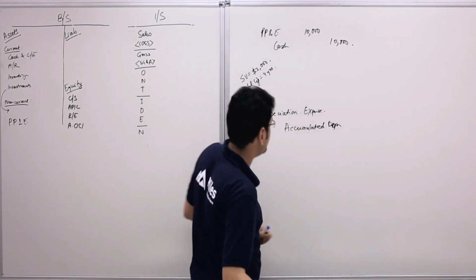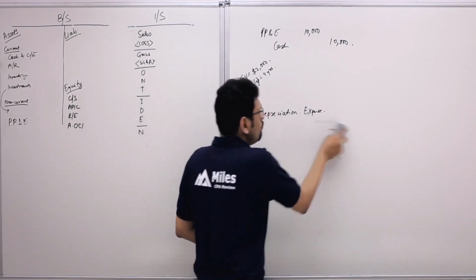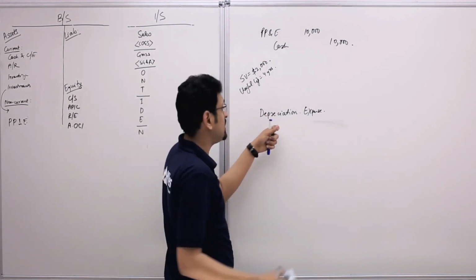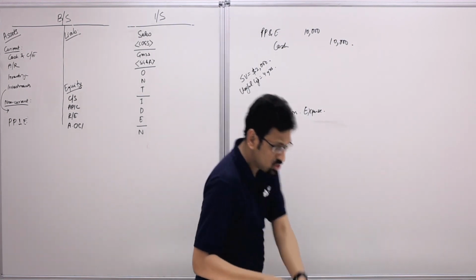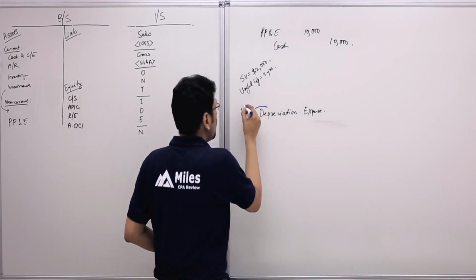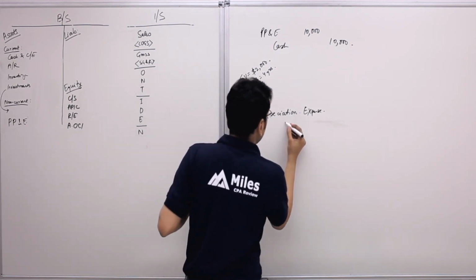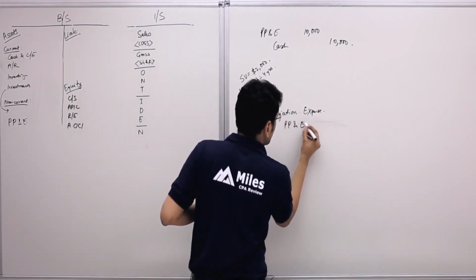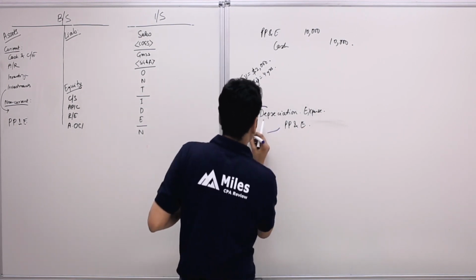Guys, think of it. Instead of having accumulated depreciation, we could also have done a debit to depreciation expense, which goes to your income statement, and we could have hit PP&E, which goes to the balance sheet.